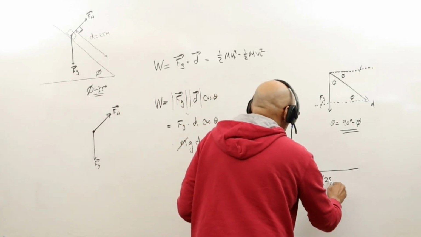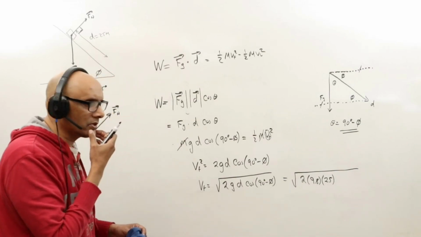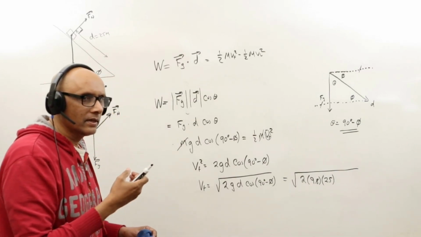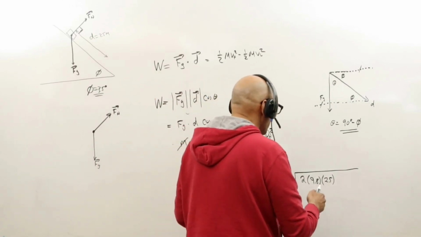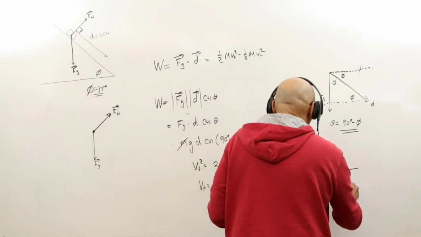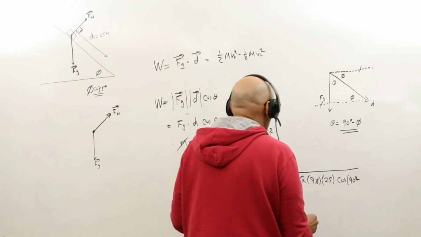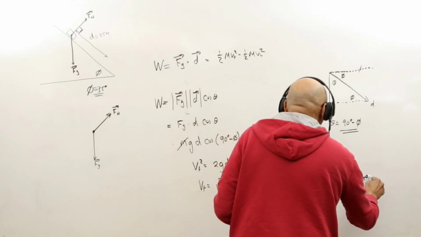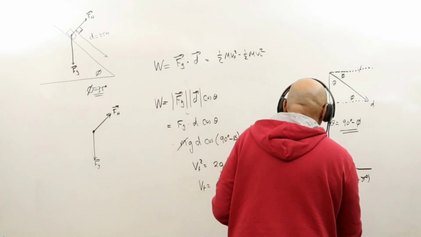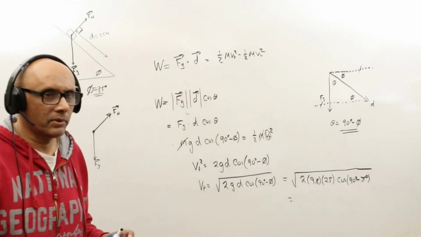We're all in standard units, so we don't have to waste time putting units down, because we're using kilograms, meters and seconds. Then the cosine of 90 degrees minus the angle, which is 35 degrees. And done. You should be able to do this calculation in a single step in your calculator.